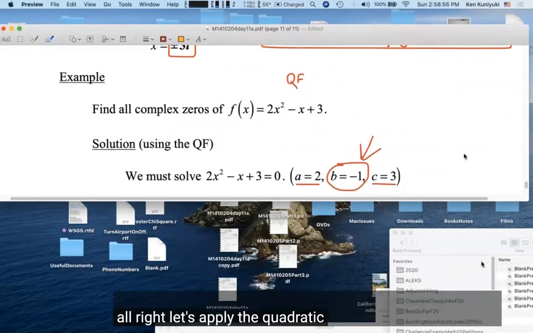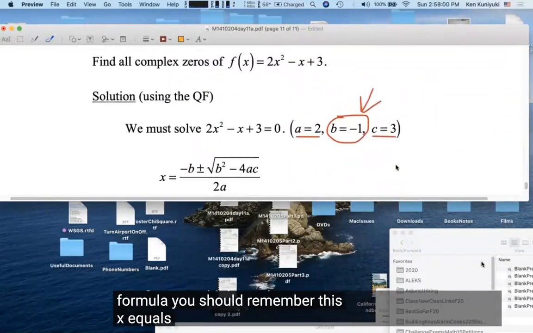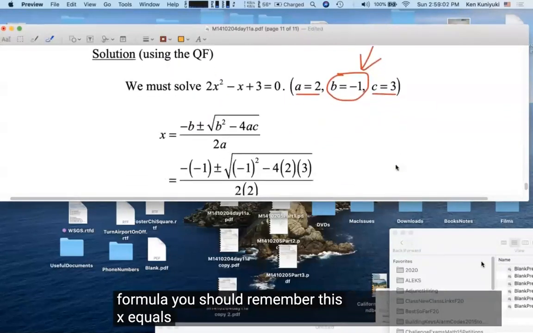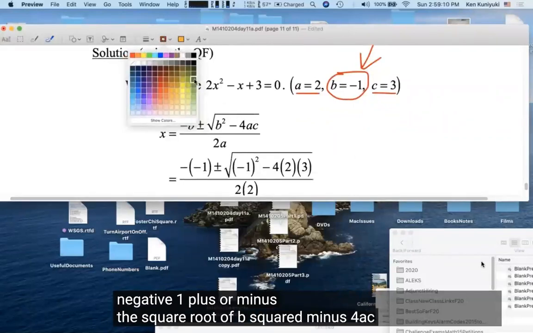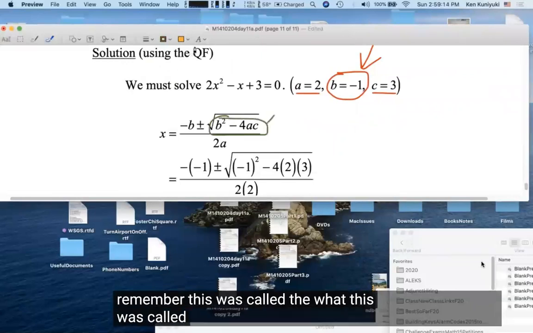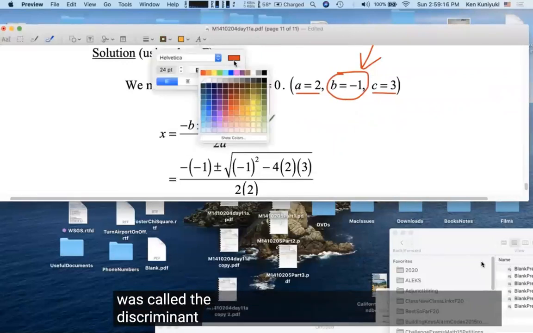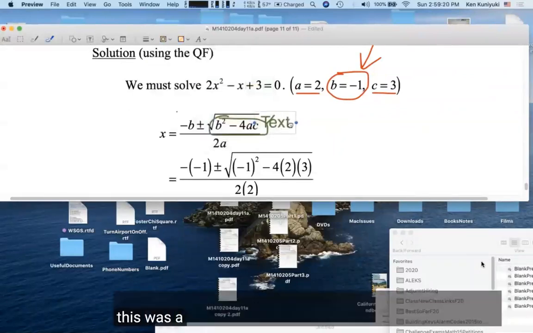All right, let's apply the quadratic formula. You should remember this. x equals the opposite of b, so it's going to be the opposite of negative 1, plus or minus the square root of b squared minus 4ac. Remember, this was called the discriminant.